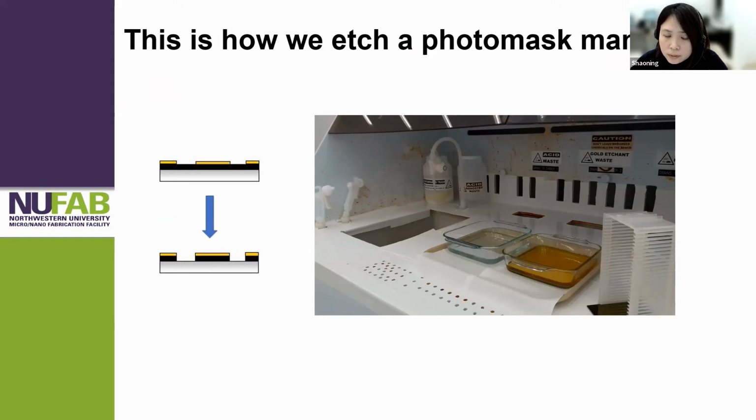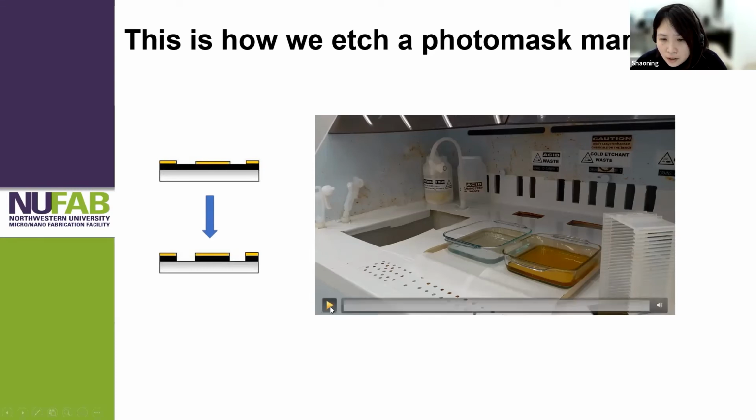We are also able to etch some silicon oxide layers and silicon nitride layers. So this is how we do photo mask etching, the first step for users to use the photo mask to define other patterns.